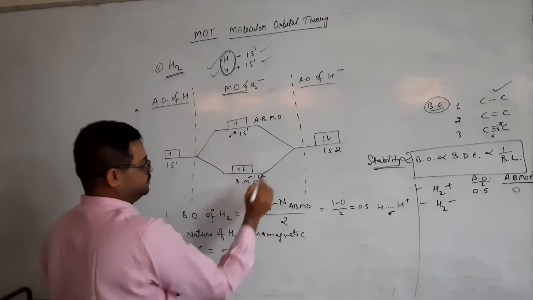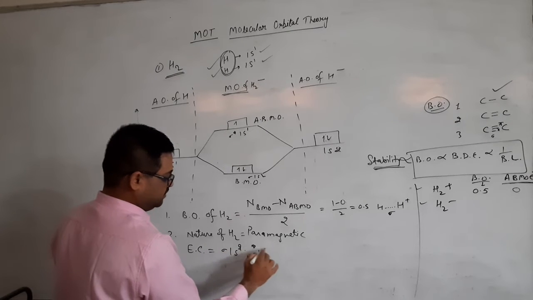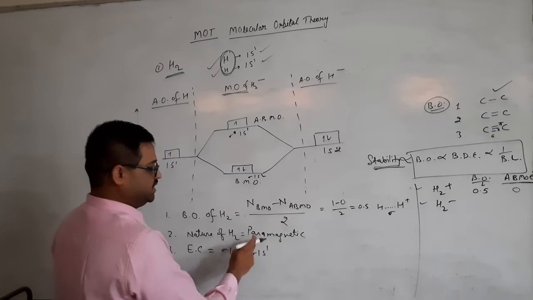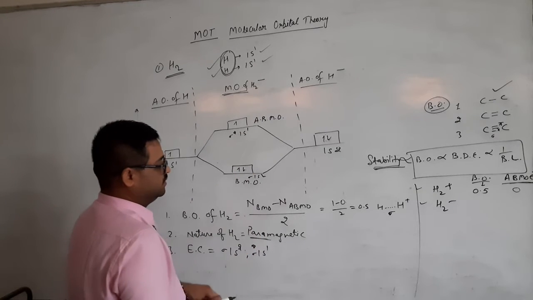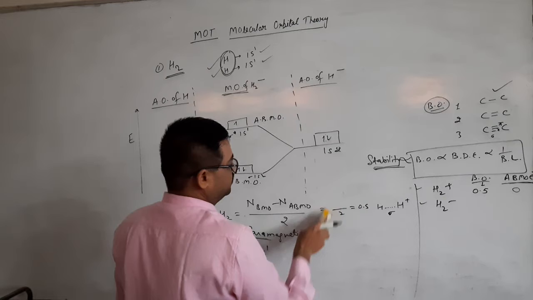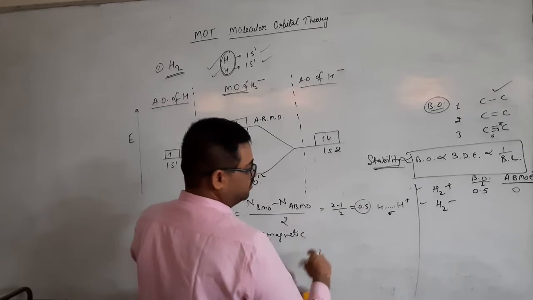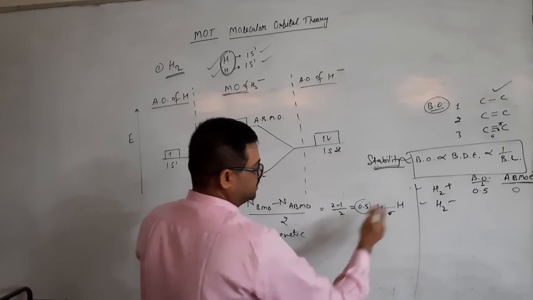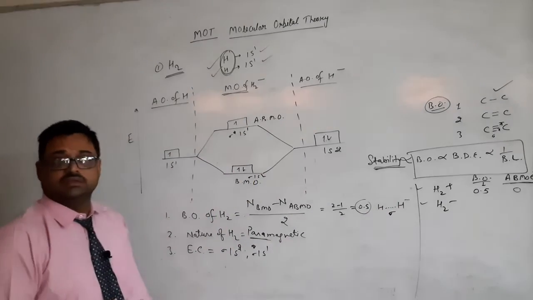This is 2 and this is 1, and the electronic configuration will be sigma 1s2, sigma star 1s1. The nature will be paramagnetic because an unpaired electron is there. The calculation is 2 minus 1, but the bond order will be the same, and this will be the scenario of the H2 minus molecule.